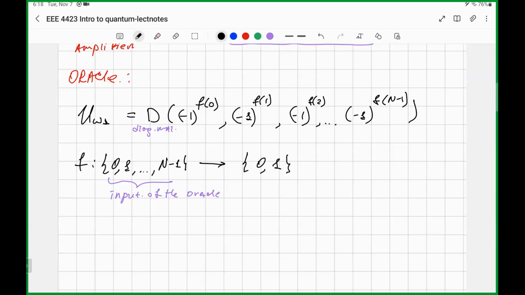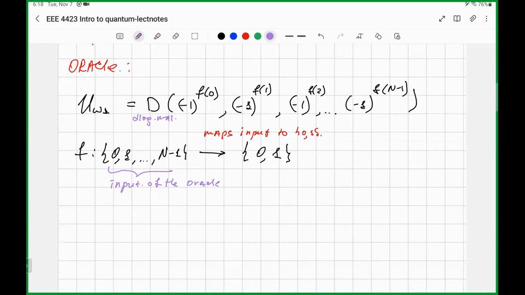So the oracle maps the input to zeros and ones. Okay, and then oracle returns either 0 or 1.